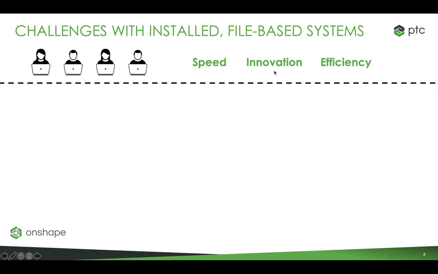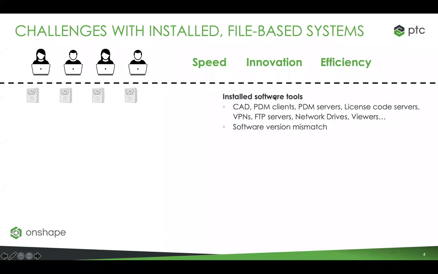They need to work in a very innovative way. They want to build products that meet the market demand. And they also want to do it efficiently, right? They don't want to waste time on menial tasks like file management. But if you look at this dotted line going across the screen, anything below this dotted line will get in the way of that speed, innovation, and efficiency.